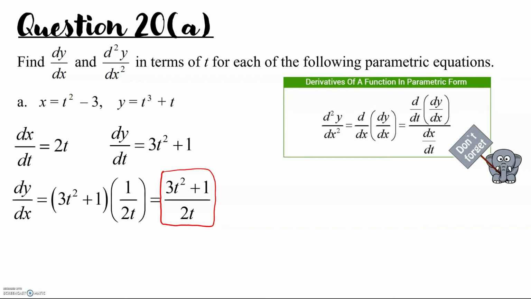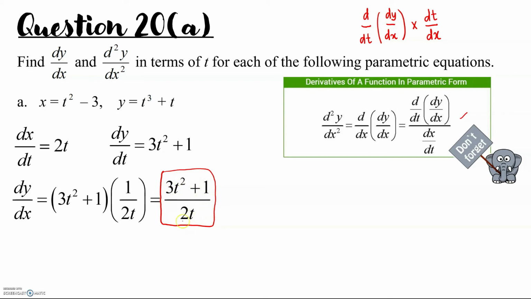Or you can say d over dt of dy over dx multiplied with dt over dx. It is also the same meaning. To find out d over dt of dy over dx, we need to differentiate this one again.